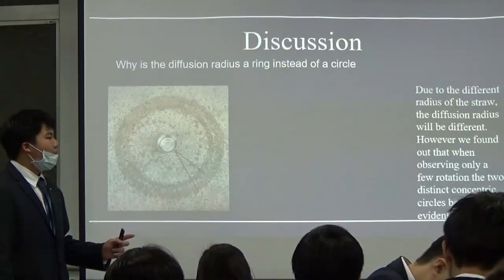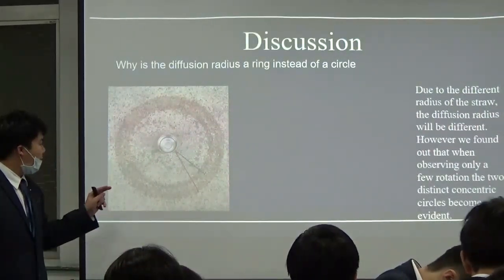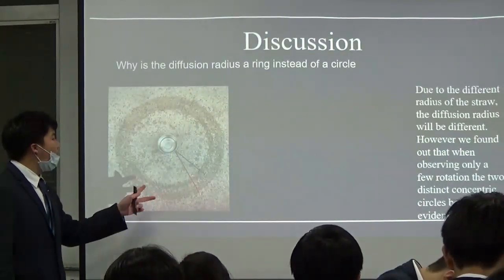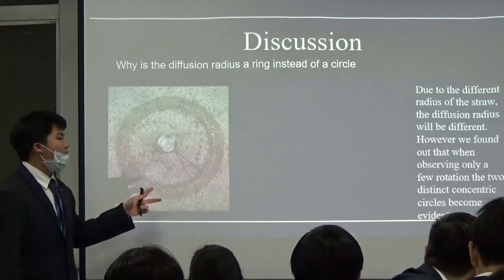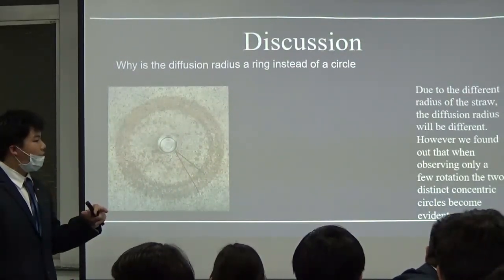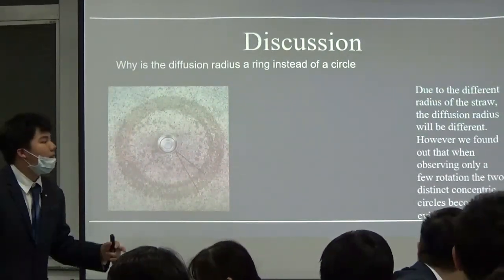And if we observe only a few rotations, then we can see that there are two distinguishable concentric circles, and that is caused by the different diffusion radii.